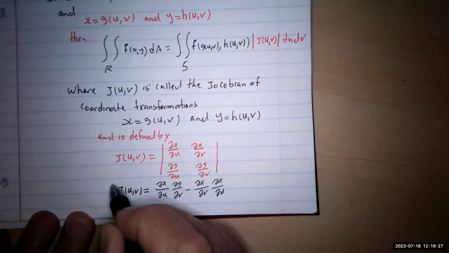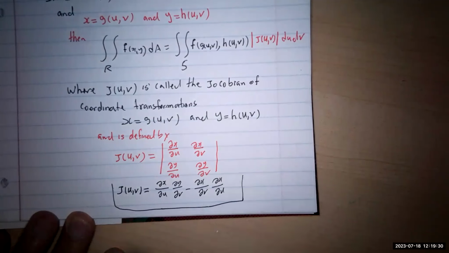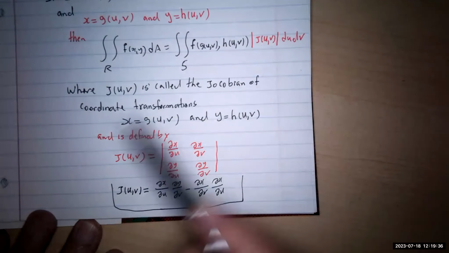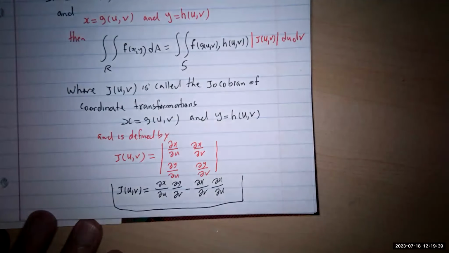Make sure you write it down correctly. It's not going to be a big deal even if you drop this absolute value, because the result would be just, sometimes the sign would be different.